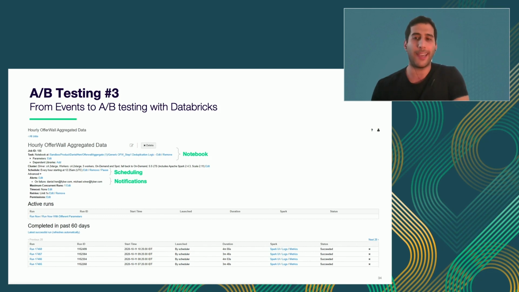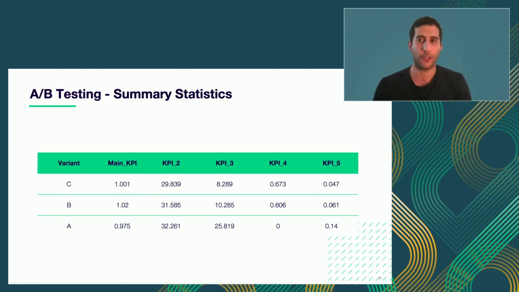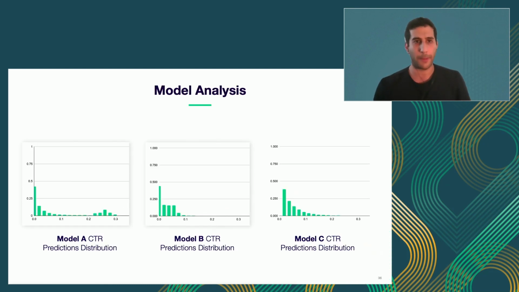I cannot share the real data, unfortunately, but it's one of the tables, a summary statistics table where you have variant A, B, C, etc. And you can show what KPIs underperform or overperform per variant. This is not a statistical test or hypothesis test. This is just a summary statistics table.